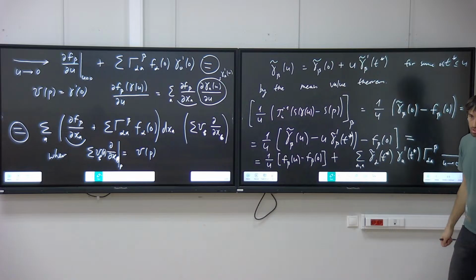Can you specify again why in the limit we have gamma tilde alpha at t star equal to f alpha at 0?